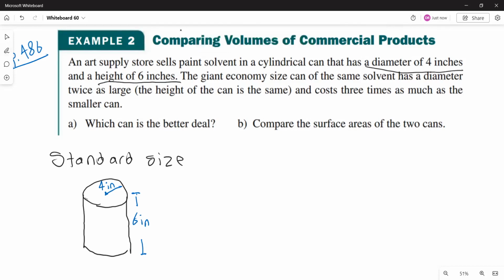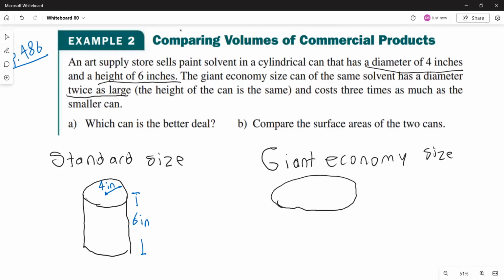And the giant economy size has a diameter twice as large. So the diameter is going to be 8 inches and the height is the same. Actually, what I drew was the radius. They give us the diameter. So that's 4 inches. That's the diameter and not the radius.